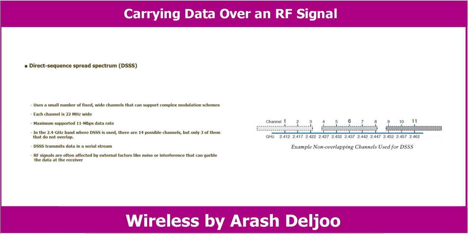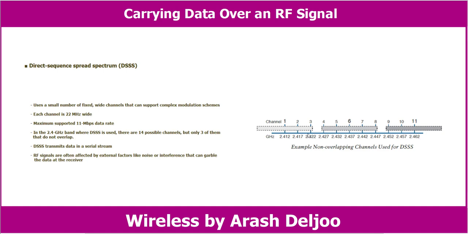As you can see here, we have multiple channels, 1, 2, 3 up to, for example, 11, and also more up to 14. Each channel has a 5 megahertz spacing actually, while in the DSSS method, each channel needs to be 22 megahertz wide.